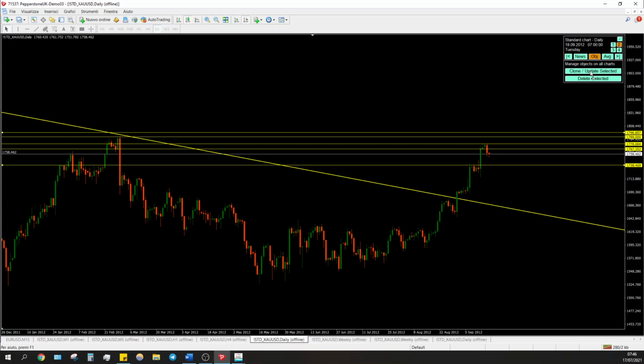So as I said, we can expect a deeper pullback to the previous highs, which are here, this level, which we can mark as well.